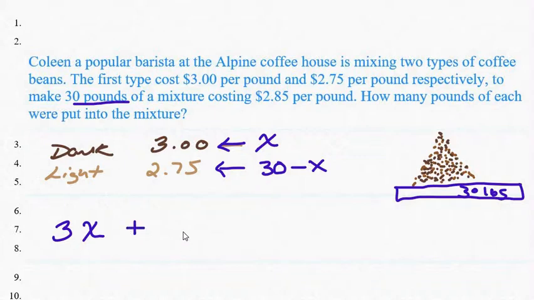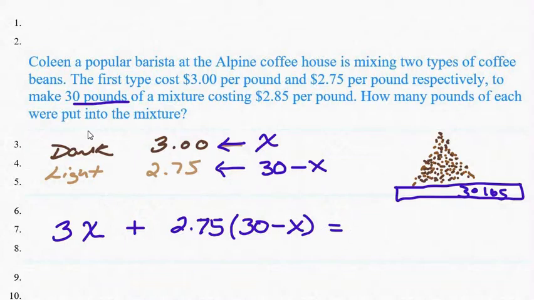Plus, the next bean, the light bean, is $2.75. And this is going to be in weight, the number of light roasted beans, so this will be 30 minus x. So this will be the total cost, the dark beans plus the light beans.